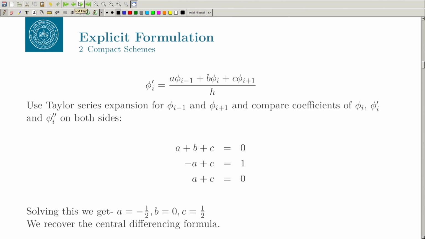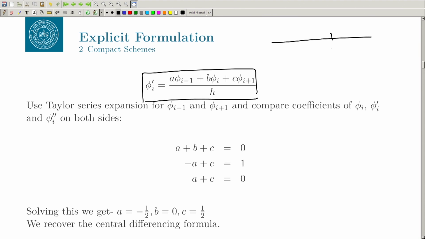So, before going to the implicit formulation, this is the general discretization approach that we had proposed, right. If you have points at i minus 1 and i plus 1, you can use this, and then you can use the symmetry also.